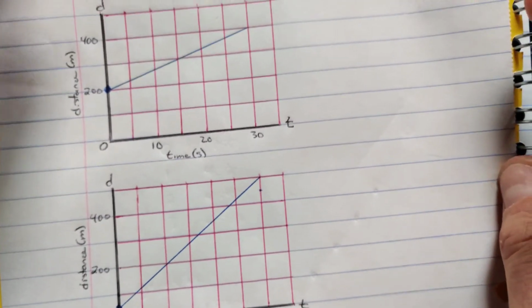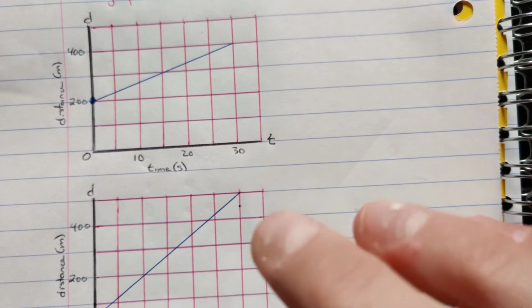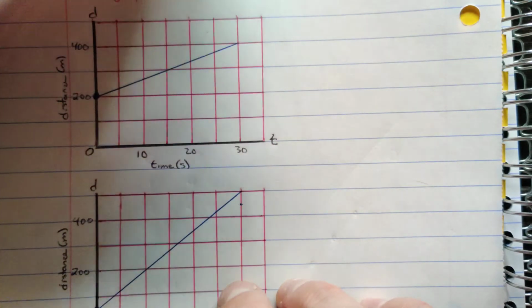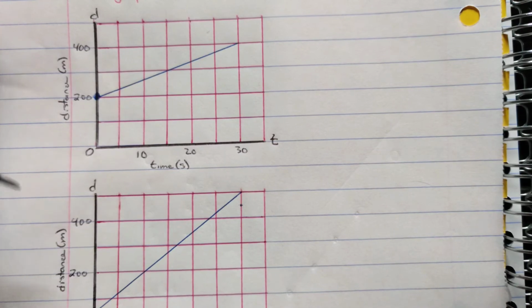So a general description of this would be that we've increased the rate of change and we've decreased the initial value.